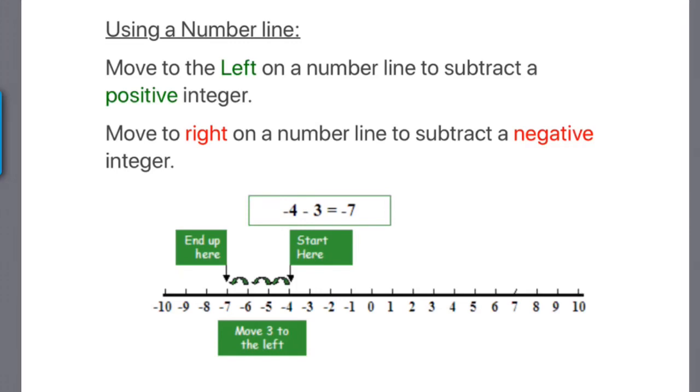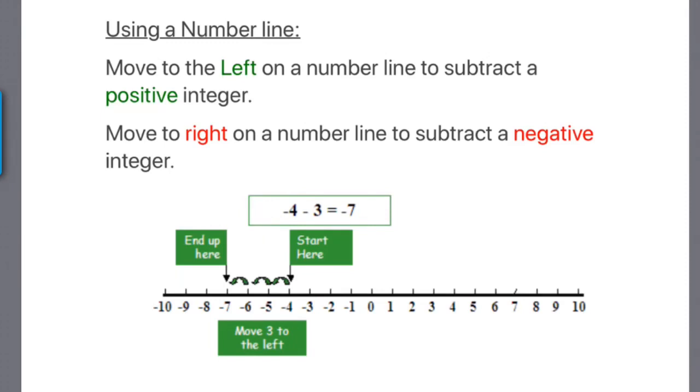And what you guys hopefully noticed is as we were using counters and we were taking away negative numbers, our answer was going up instead of down. It was getting larger instead of smaller, which is what we're used to when subtracting, which is why when we subtract a negative, we move to the right because our number is getting bigger. So let's look at some examples here.